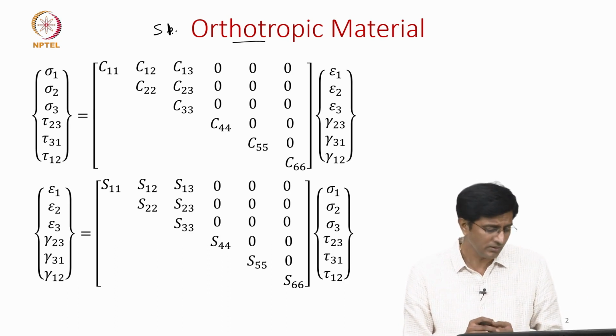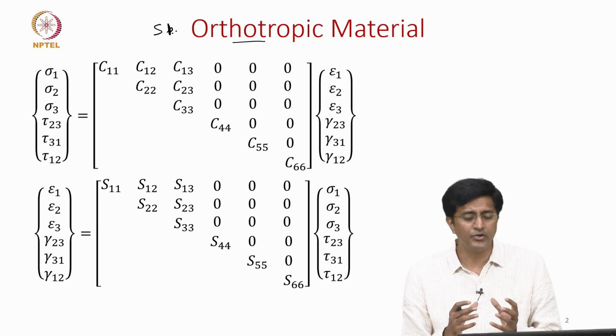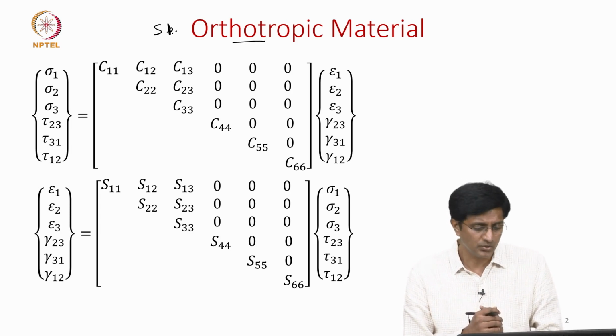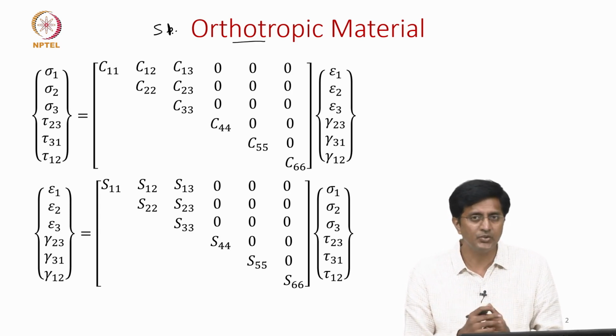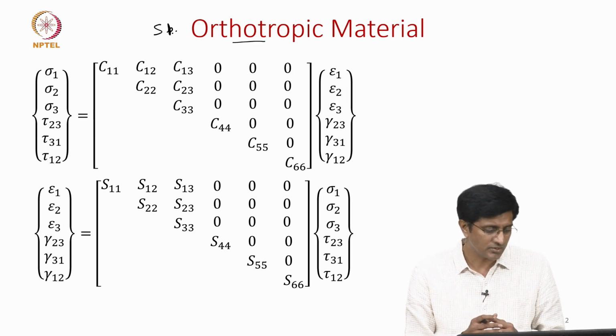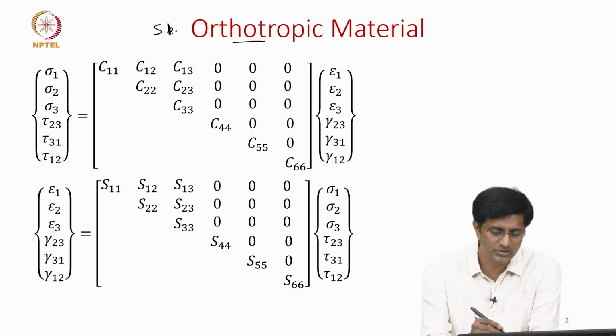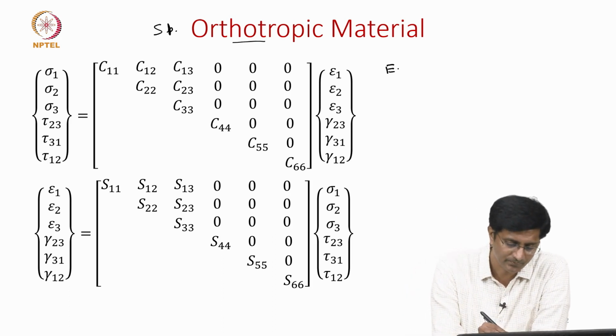Now in this video we are more focused on bringing some physical intuition into the stiffness components and the compliance components. The way we do it is through engineering constants.